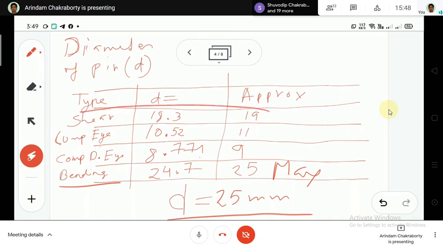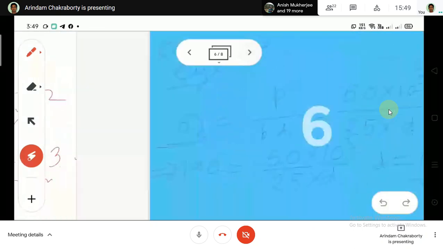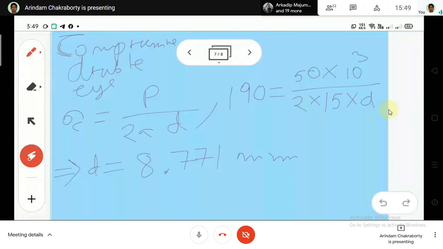So to eliminate any confusion we have to draw conclusions from the four factors: shear, compressive stress in I, compressive stress in double I, and last but not the least, bending. Now let us go back to the board.